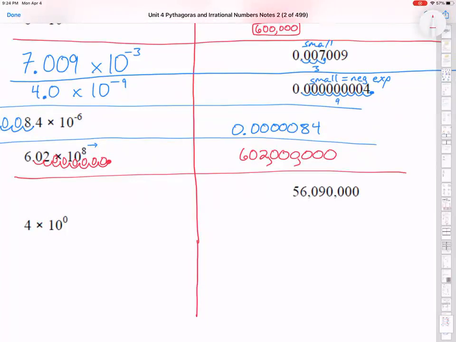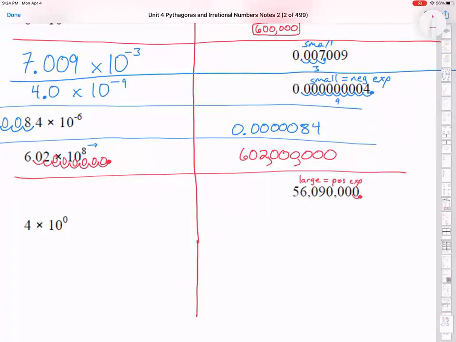Standard form number, 56,090,000. Got to try and get it in scientific notation. So this is obviously a very large number to start with, which is going to give us a positive exponent. We're starting off over here at the very end for our decimal, and we're going to move it over.